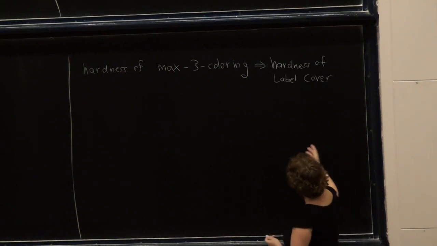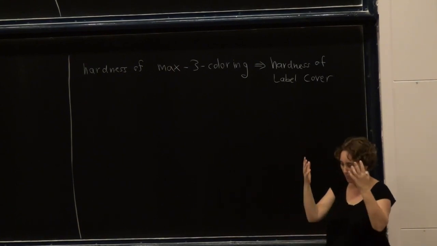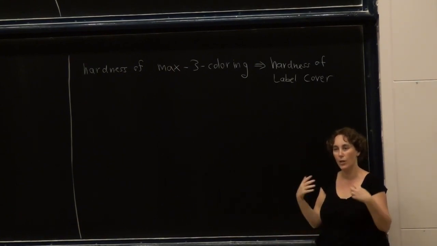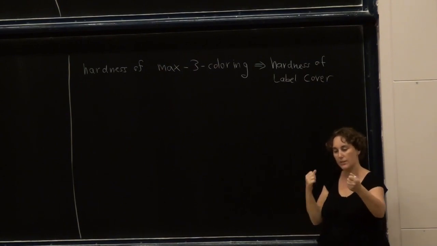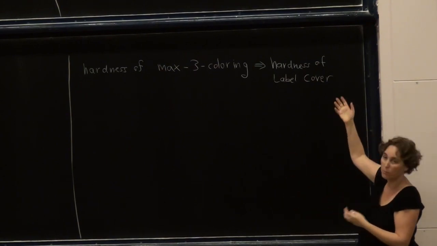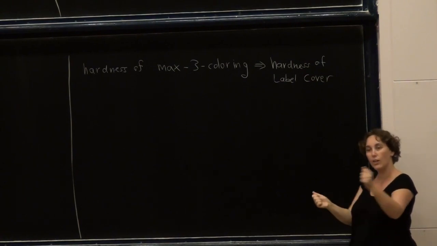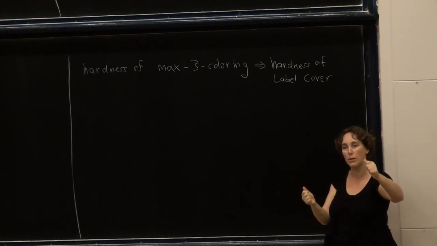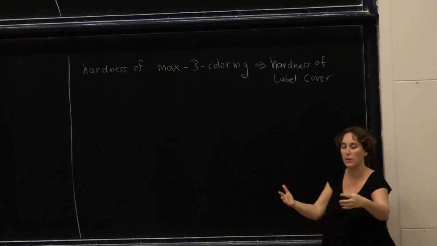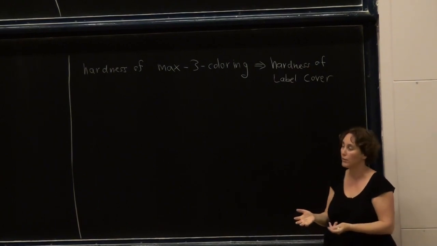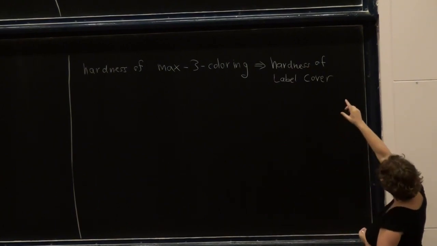So what is label cover? Remember, you have this bipartite graph, and you have a bunch of labels, so every vertex can get a label. This is just like assigning variables with values. And each edge says, I'm only allowing these pairs of labels, not all of them. Find me a labeling that satisfies the maximum number of edges. So look at the graph that I drew.